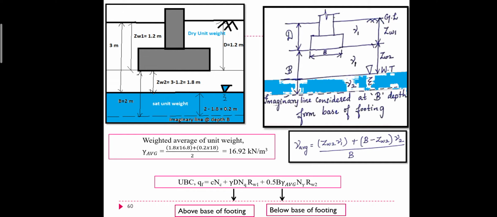Below the base of the footing the soil has two portions, half dry and half wet, so we use gamma average. So in the third term, we put gamma average.